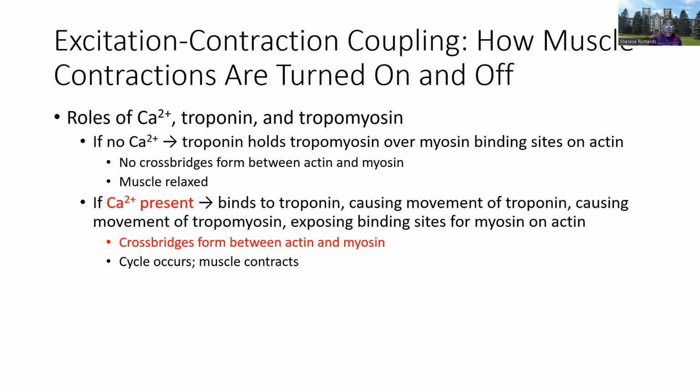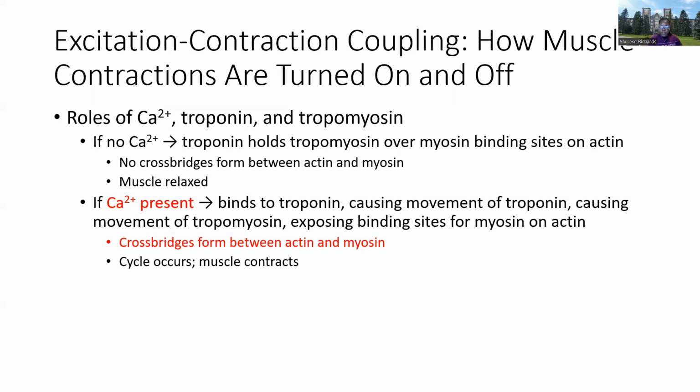If calcium is present, again, coming from its storage in the sarcoplasmic reticulum, dumped into the sarcoplasm, which is like the cytosol of the muscle cell, it can bind to troponin, cause that shift of tropomyosin, which is also adherent to troponin, and then expose those binding sites.